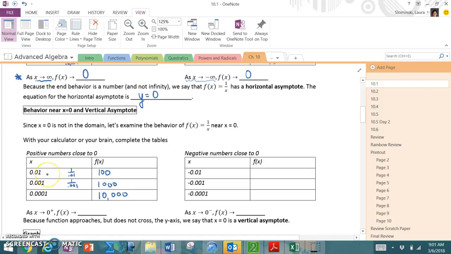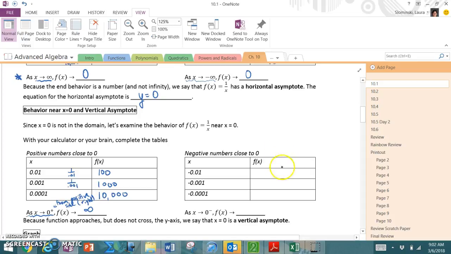So as x goes to 0 from the positive side, which we'll talk about in a minute, f of x goes to positive infinity. On the graph that would be from the right. As it approaches 0 from the right, it goes to infinity.